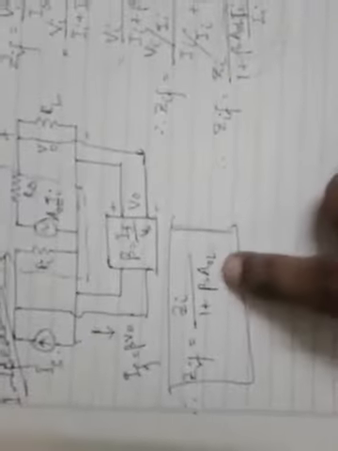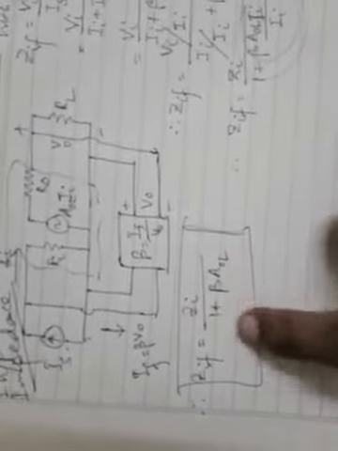That means in this case we are observing that the input impedance is reduced, unlike the previous case for voltage series feedback, where we have seen that the input impedance was increased because the term Zi was multiplied with the factor 1 plus beta A. But here the Zi is divided, it is the quotient, so it is reduced. So unlike voltage series feedback, in case of voltage shunt feedback, the input impedance is reduced.